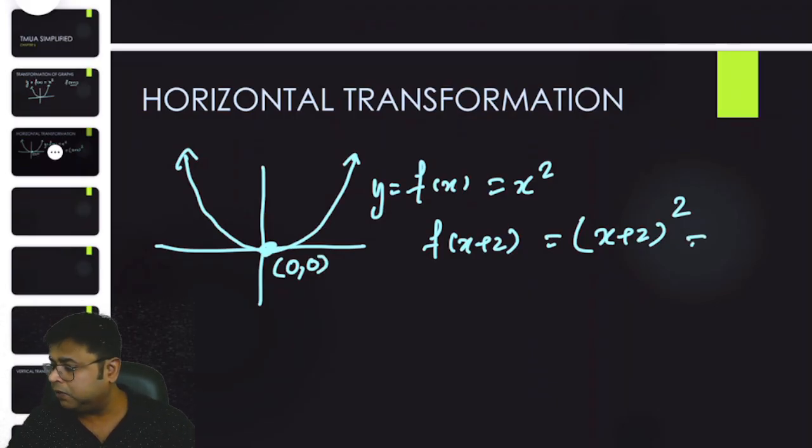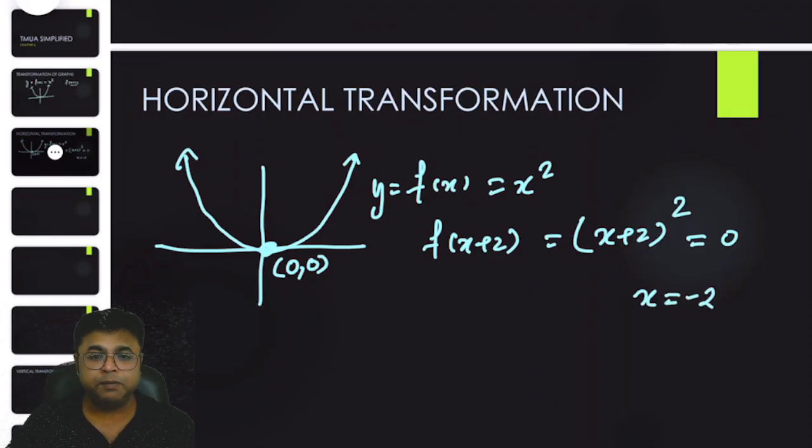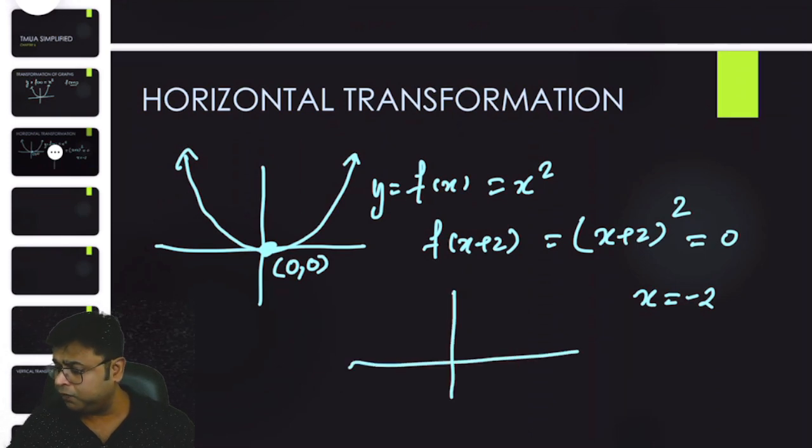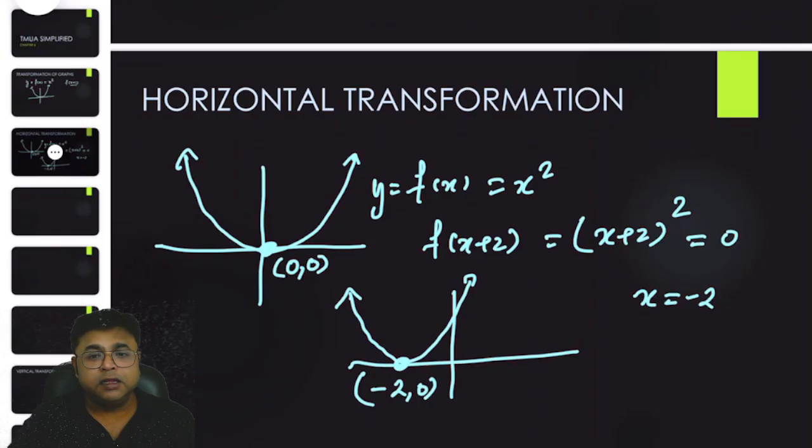Now when will it be 0? If I put it equal to 0, I'll get x equal to minus 2. So the vertex, or the minimum point of this parabola, will move to this point, which will be (-2, 0). You can see that the graph is the same. The only thing is that it has transformed horizontally, or moved to the left-hand side by 2 units, right?